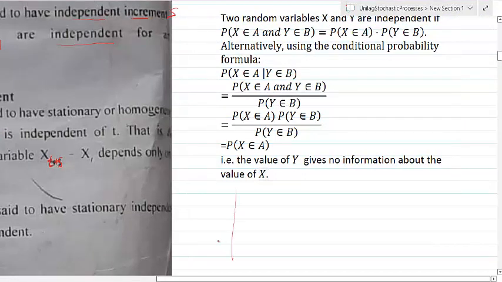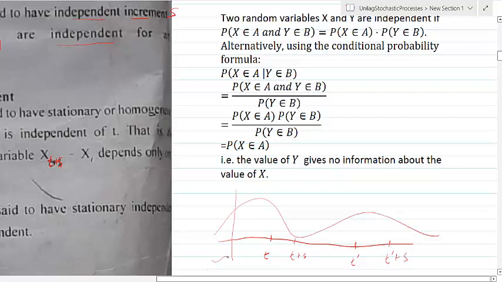So let me draw my timeline. I'll draw t and t plus s. And let me draw t prime and t prime plus s prime. And I'll have different sample paths; you can have different possible sample paths. This is an example of a continuous time process.